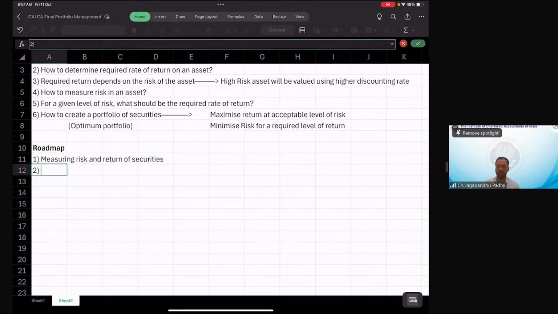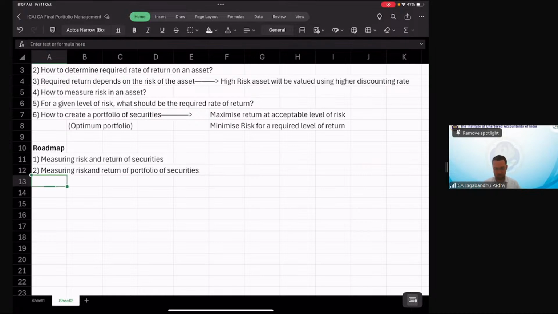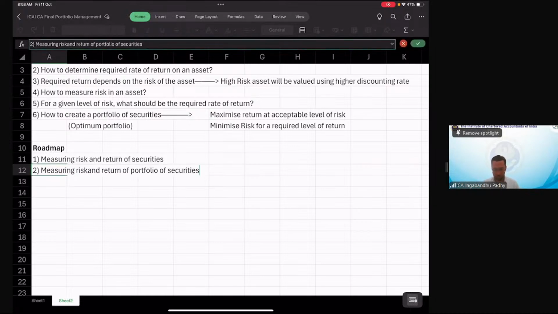Second is measuring the risk and return of portfolio of securities using something called as Harry Markowitz model.